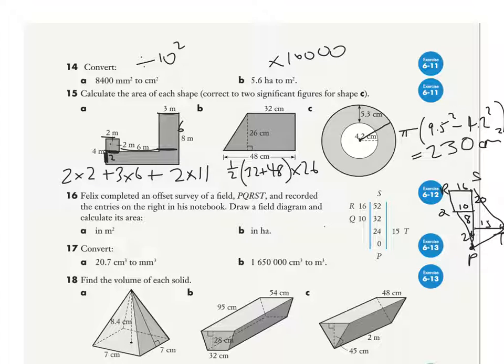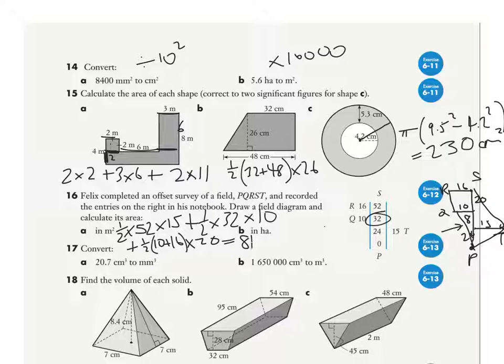Okay, so calculate the area in meters squared. So therefore we have the big right-hand triangle, which will be half, times the base, which is 52, times the height, which will be 15, plus the triangle just there, which is half times, now 24 and 8, which is 32, times the height, which is 10, plus the top trapezium, which is half, 16 and 10, times by the height, which is 20.